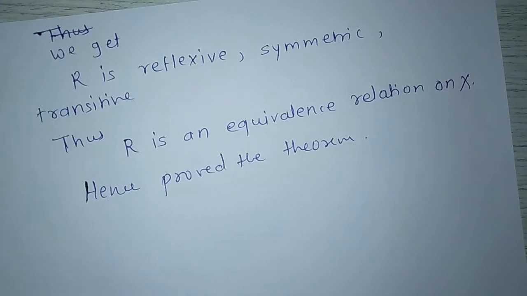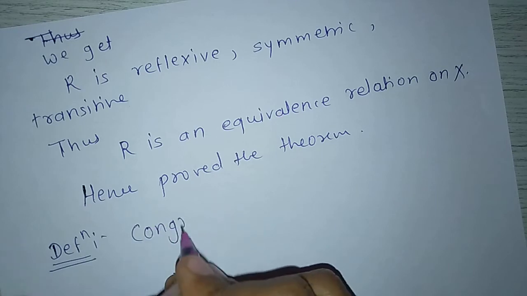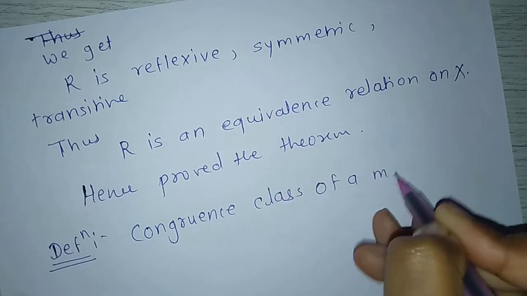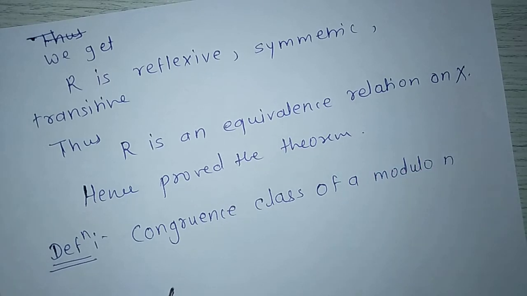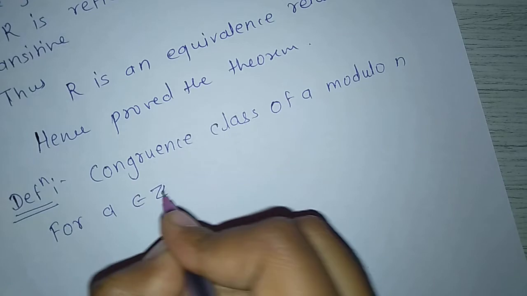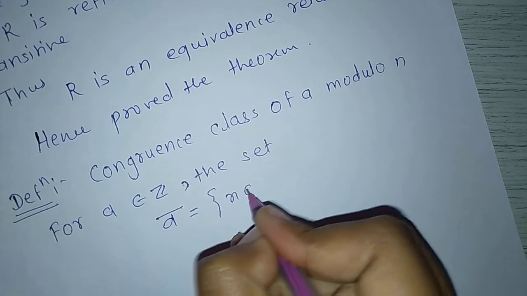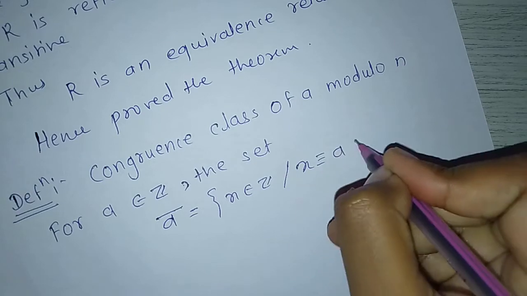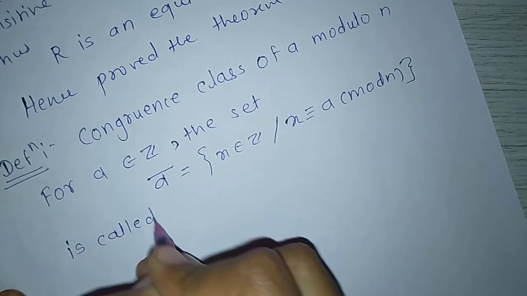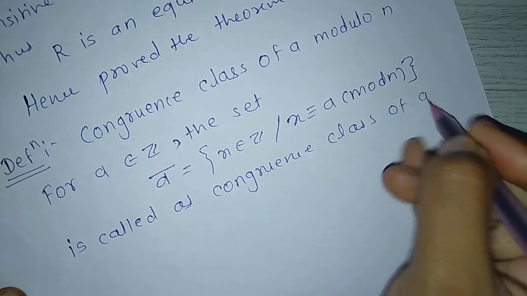Congruence class of a modulo n. For a belongs to Z, this set a bar equal to x belongs to Z such that x is congruent to a modulo n is called as congruence class of a modulo n.